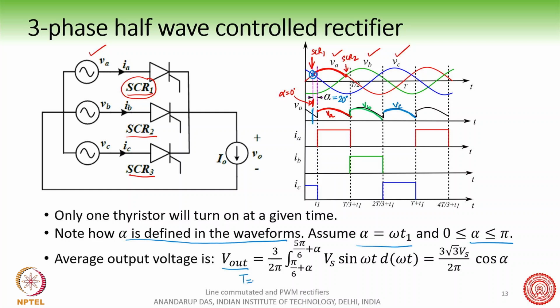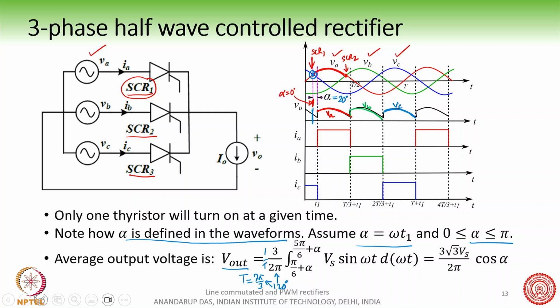T equals 2 pi by 3, because the A phase is going to conduct for 120 degrees, which is 360 degrees by 3. So this is 120 degrees here, then B phase will conduct for 120 degrees and C phase will conduct for 120 degrees. Therefore the time duration for A phase is 2 pi by 3, which is 120 degrees. So this is basically 1 by T here.